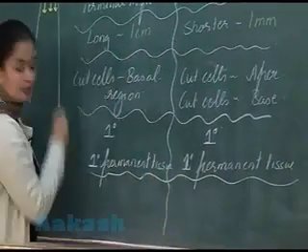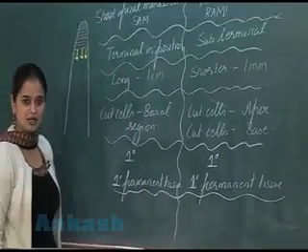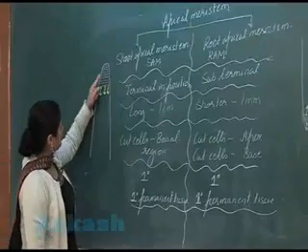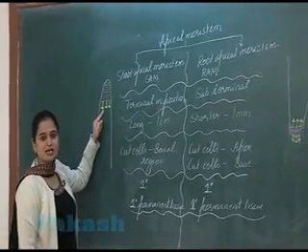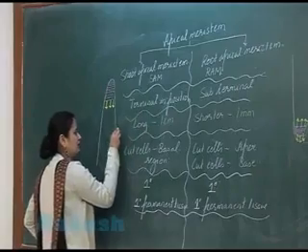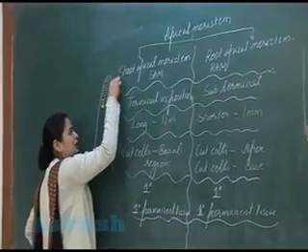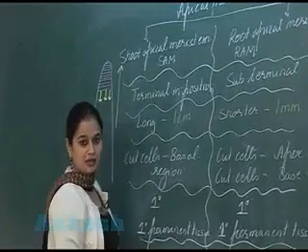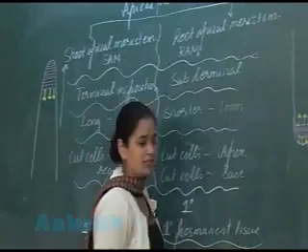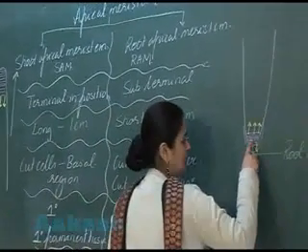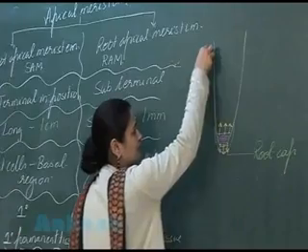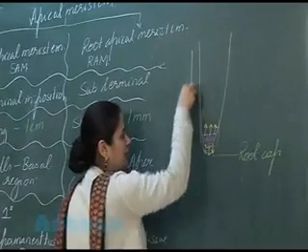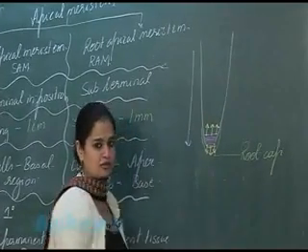Yes, primary permanent tissue. If the primary permanent tissue is added by the shoot apical meristem here, this is going to result in the elongation of the shoot. If the primary permanent tissue is added by the root apical meristem here, so this is going to result in the elongation of the root.